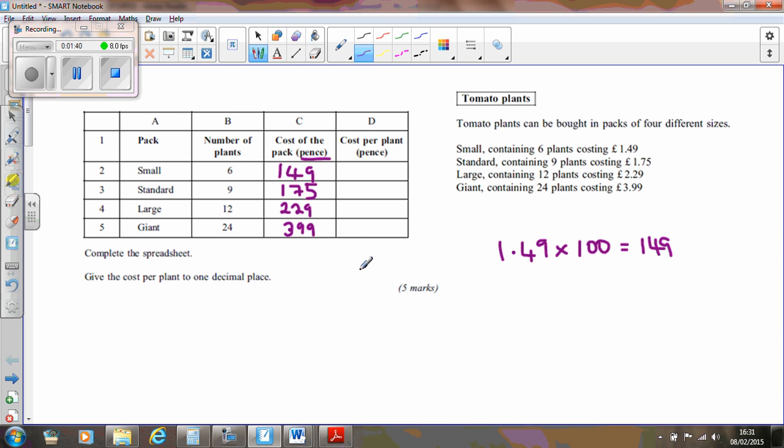Okay. So in order to work out the Best Buy, let's change colour. What you always do is the cost in pence divided by how many there are. So in this case, number of plants.